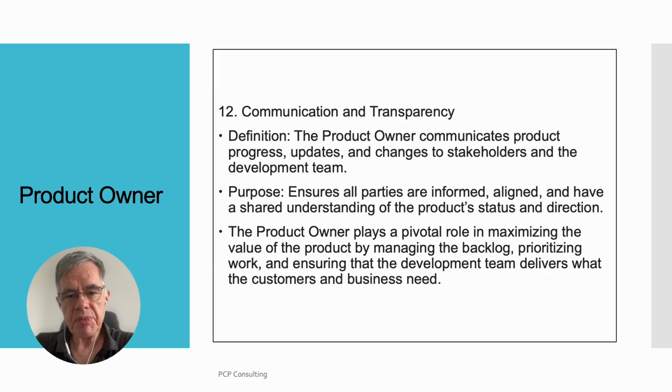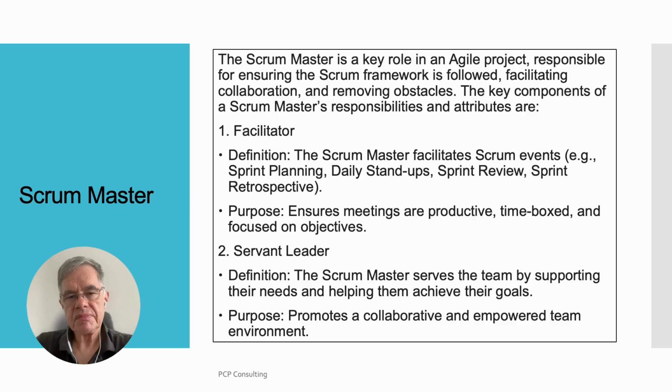The product owner communicates product progress, updates, and changes to stakeholders and the development team, ensures all parties are informed, aligned, and have a shared understanding of the product's status and direction. The product owner plays a pivotal role in maximizing the value of the product by managing the backlog, prioritizing work, and ensuring that the development team delivers what the customers and business need.